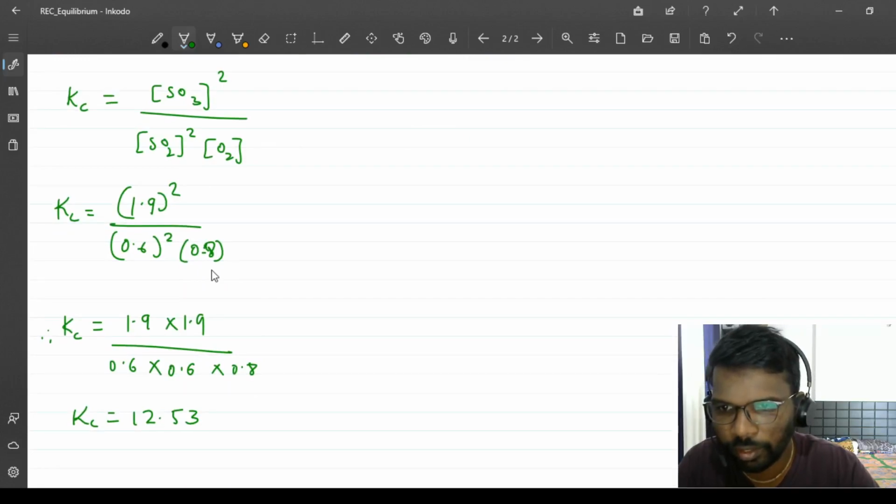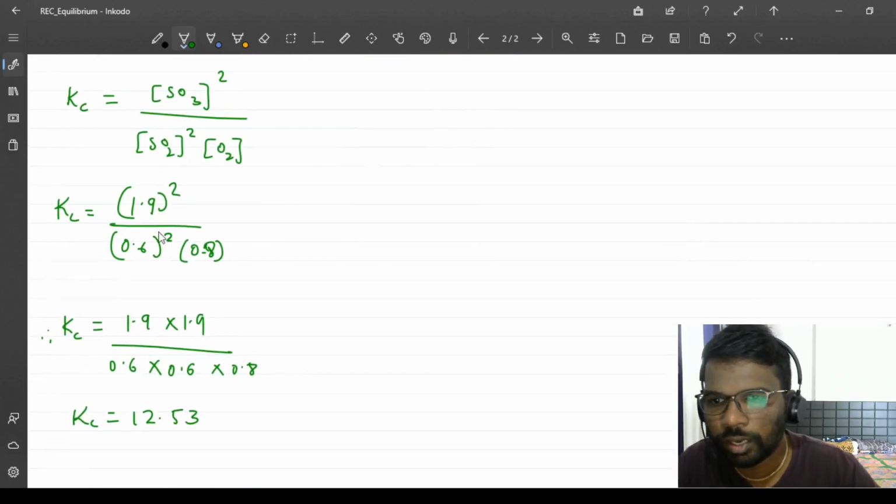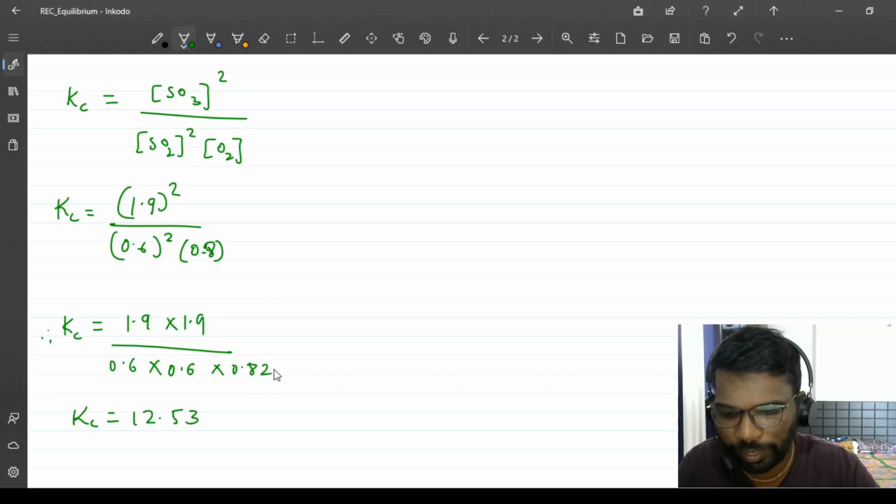Let's check again. Yes, it is 0.82, here I made a mistake. So 1.9 multiplied by 1.9 divided by 0.6, divided by 0.6, divided by 0.82. Yeah, the answer will come 12.2222.